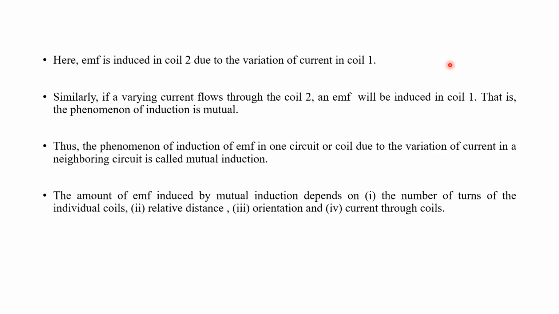Thus, the phenomenon of induction of EMF in one circuit or coil due to the variation of current in a neighboring circuit is called mutual induction. The amount of EMF induced by mutual induction depends on: 1, the number of turns of the individual coils; 2, relative distance; 3, orientation; and 4, current through the coils.